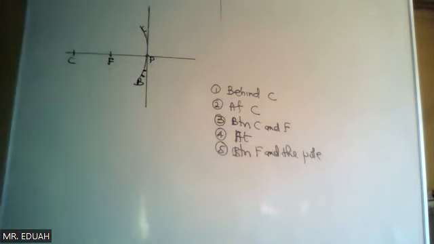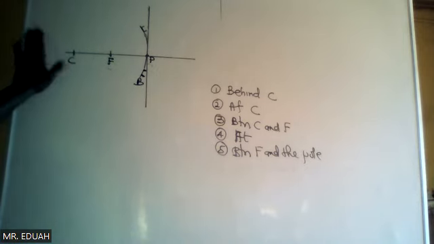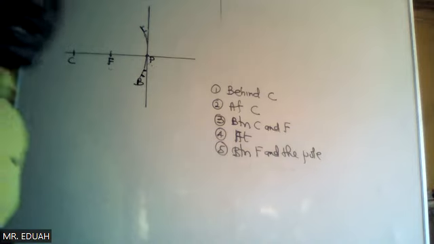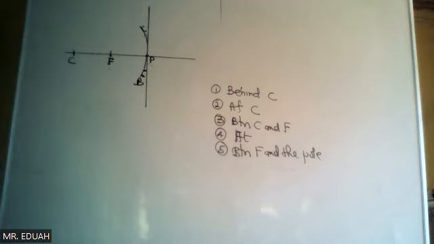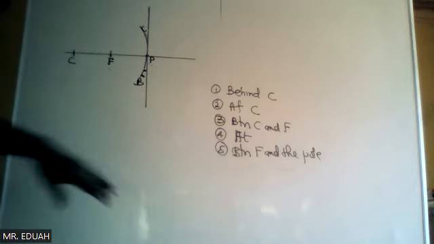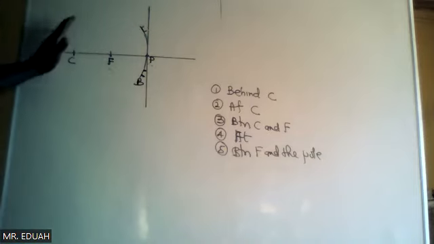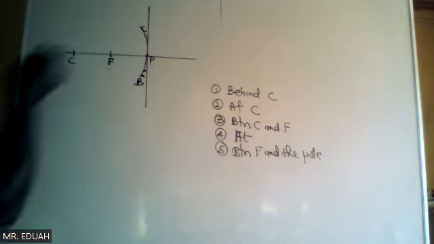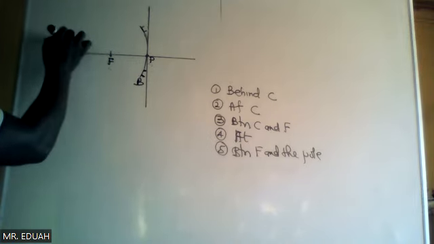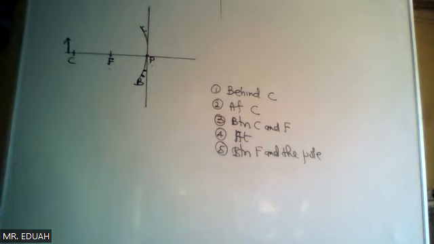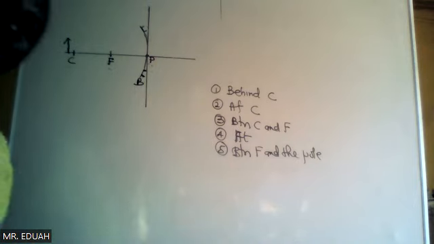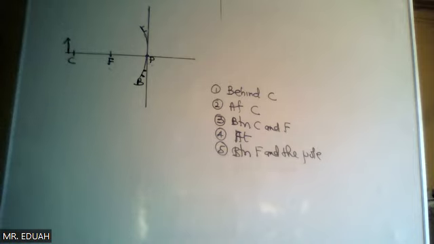These are the possibilities. Behind C is sometimes also stated as between infinity and C. Infinity is any far distance away from C. So when you place the object even here, once it's not at C, but behind C, it is equal as between infinity and C. Please, are we okay?